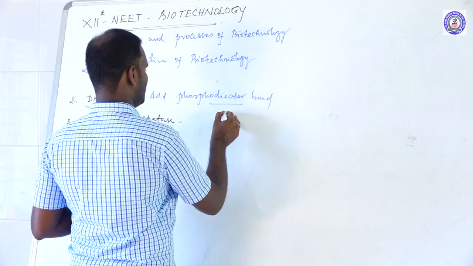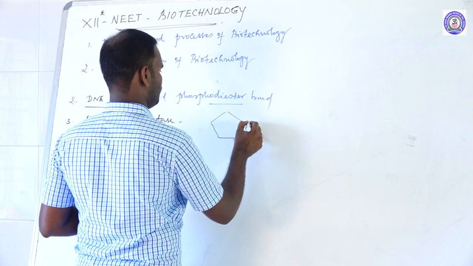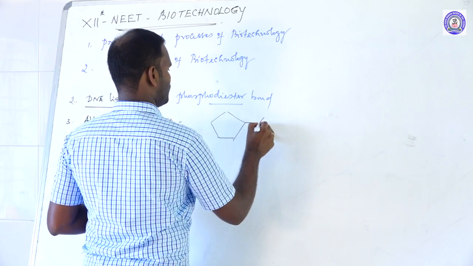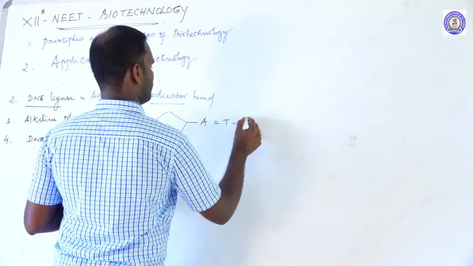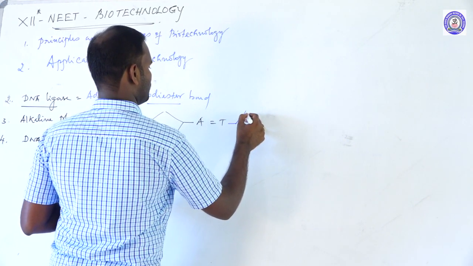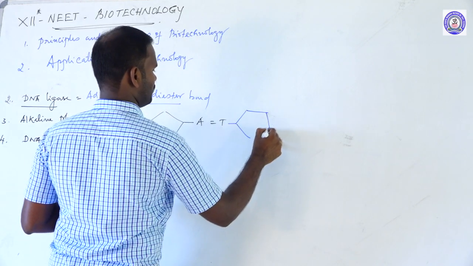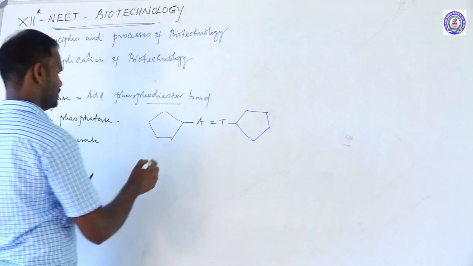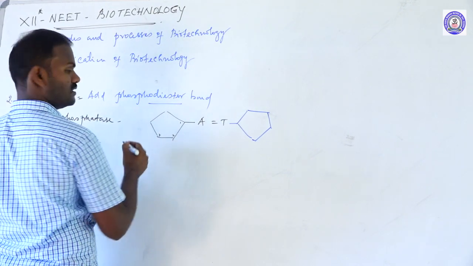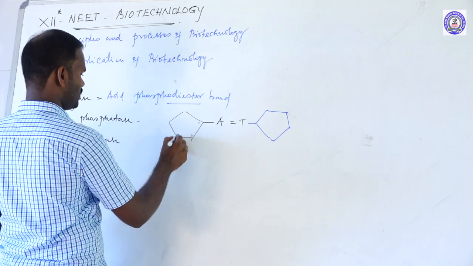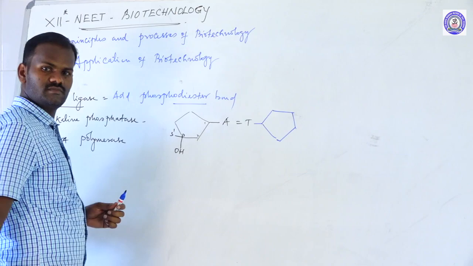Let's take an example. It is a sugar molecule, with adenine, thymine. See here is the first carbon, second carbon, third carbon. The third carbon of the sugar molecule has an OH group, a hydroxyl group.